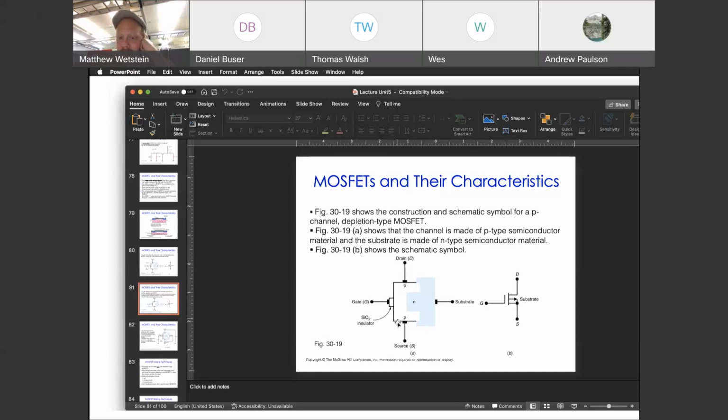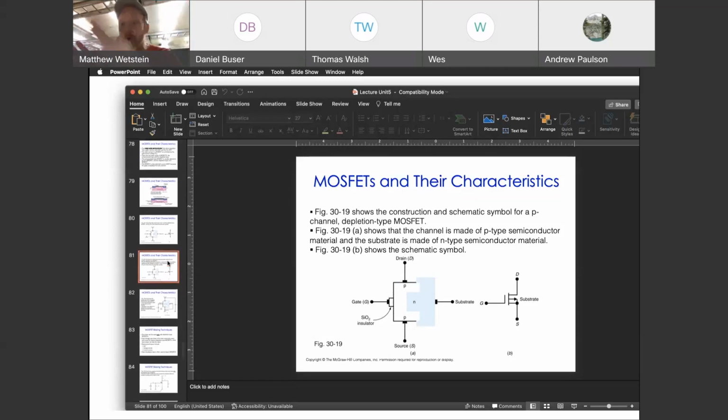So it's got positive charge carriers. If I apply a negative voltage here, it's going to induce more positive charge carriers to build up in the P region, thereby enhancing the transconductivity of this. And if I apply a positive voltage, it's going to push out some of the free positive charges, making this have fewer charge carriers, which decreases the transconductance. And so unlike a JFET, you go both ways.